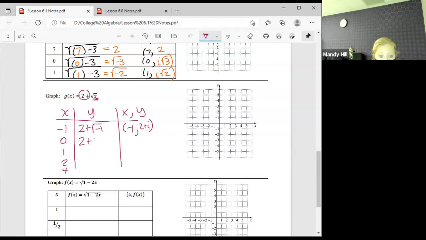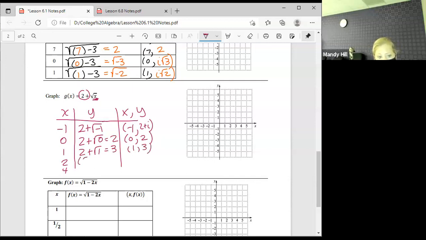If I plug in a 0 for x, that's going to give me just 2. So I'd have a point at 0, 2. If I plug in 1, that's going to be 2 plus 1, which is 3. I'd have a point at 1, 3.